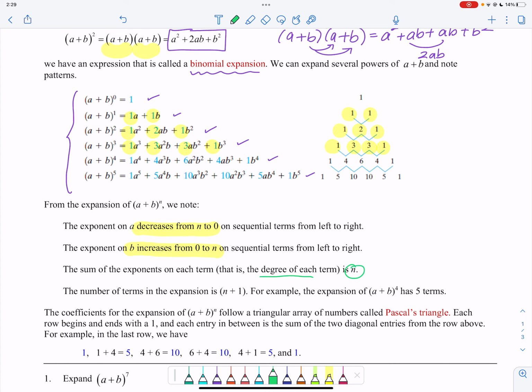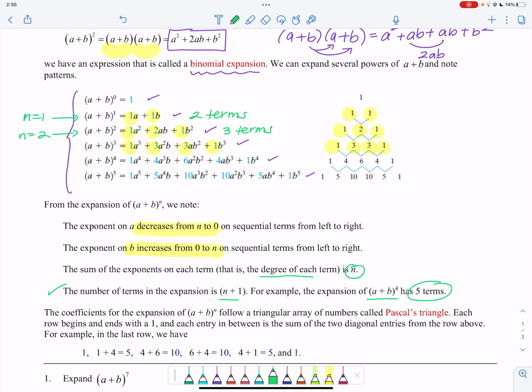The number of terms in the expansion is n plus 1. For example, here n is 1 and we have 2 terms. Here n is 2 and we have 3 terms. So that's what this means. For example, the expansion of a plus b to the 4th power has 5 terms.